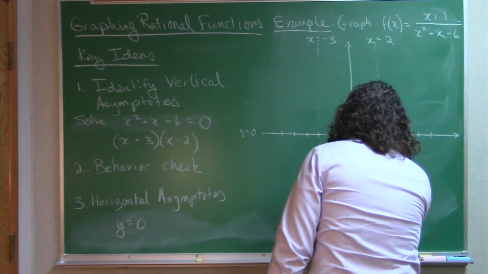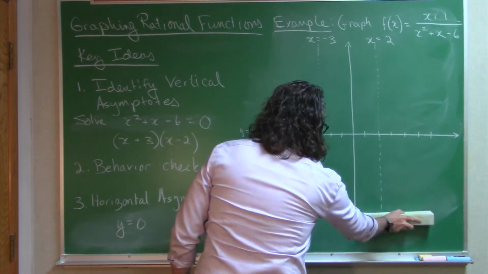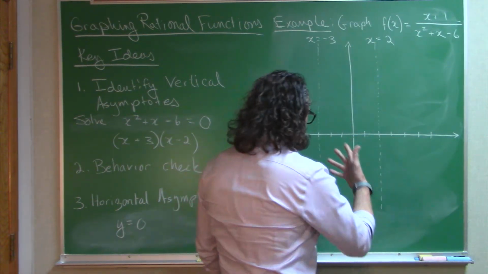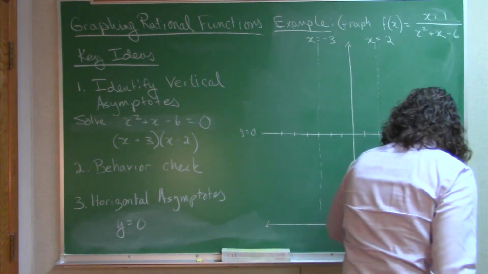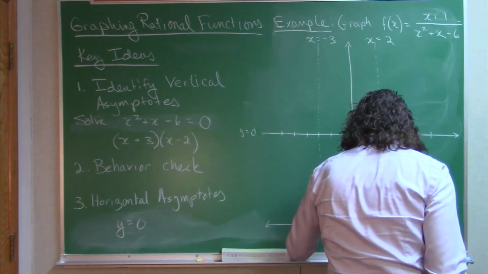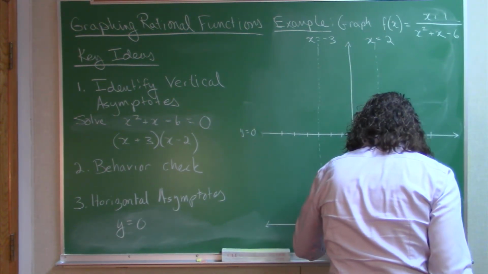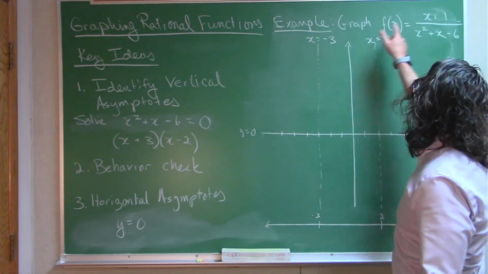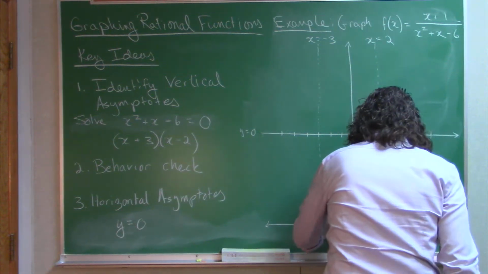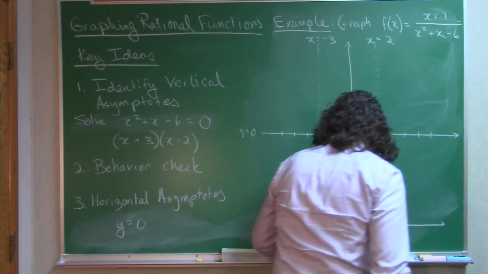Now we do this behavior check. Following our last video, I'm going to do it right underneath my graph so I can transfer the important information. The important points for me to test are the places where I have vertical asymptotes, -3 and +2, and also where the numerator is 0, which is -1.